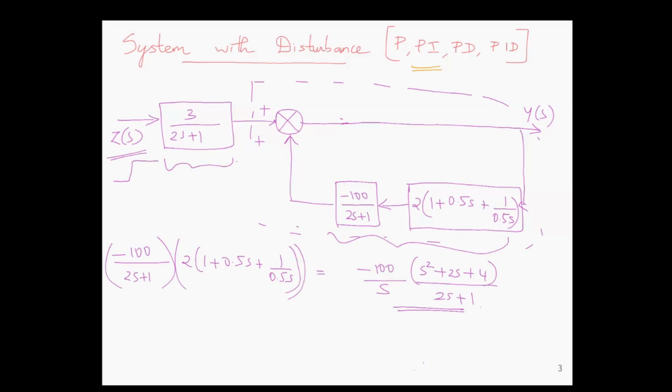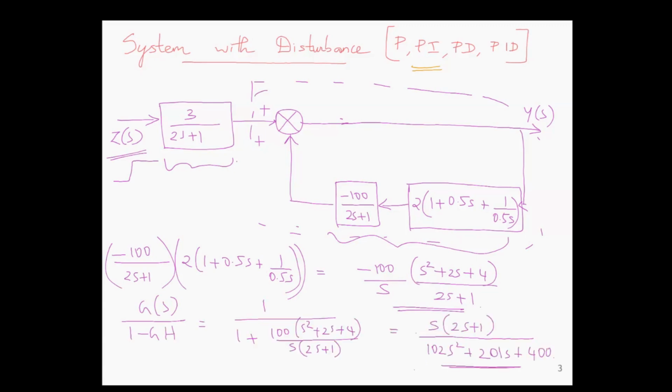Now to reduce the entire positive feedback block, whichever is in the dotted line, we use the formula G(s) divided by 1 minus G(s)H(s). After substituting and rearranging, we get s into (2s plus 1) divided by (102 s square plus 201 s plus 400).